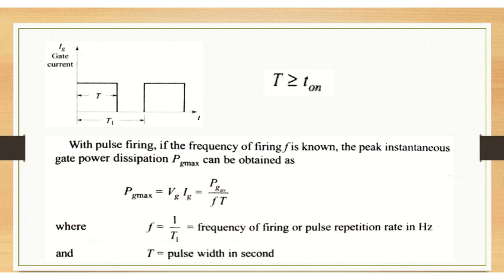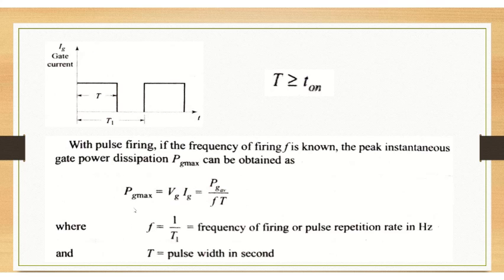So based on that, if we know the frequency of the firing, that is F, then from this you can get the relation for the gate power dissipation as well. The maximum gate power dissipation, which is nothing but the product of VG and IG, can also be written as PG average, the average gate power, divided by FT, where F is my frequency of firing, T1 is the time period, and T is the width of the pulse in seconds.